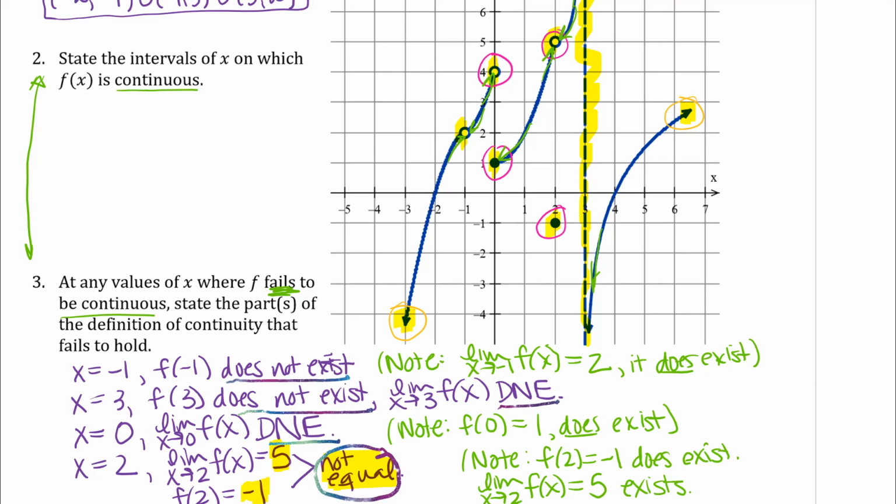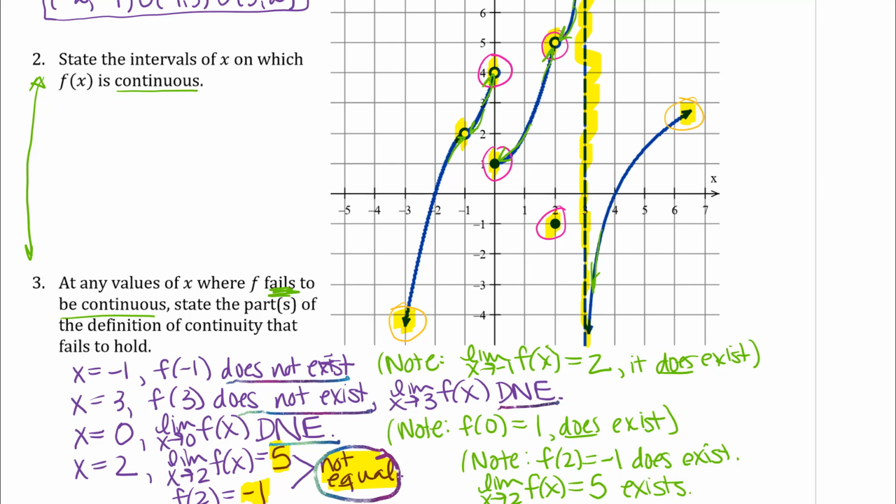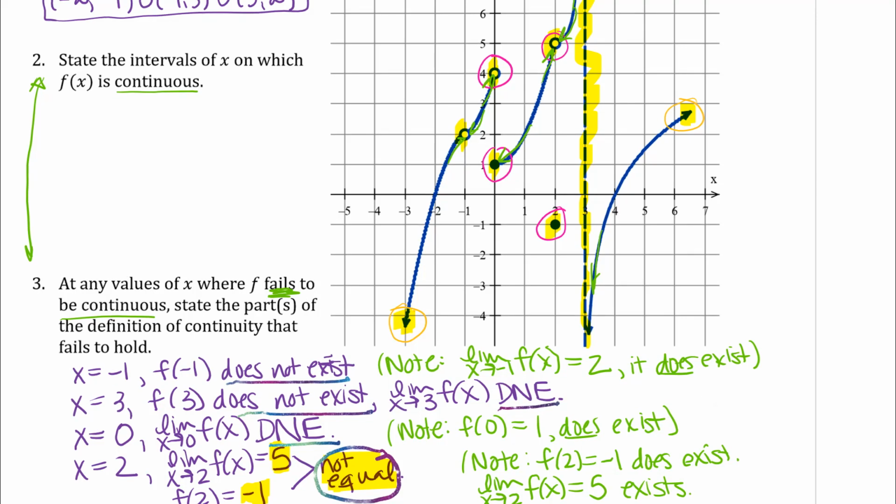So those are visually the places where I notice discontinuities, and then I can go back through the definition and give the reasons for those discontinuities. All right, once I've answered that, then it's easy to state the intervals of x on which the function is continuous. I just need to state the intervals of the real number line that exclude these values of x.